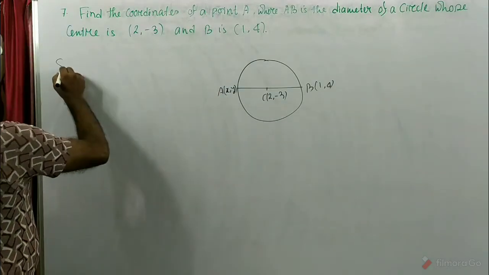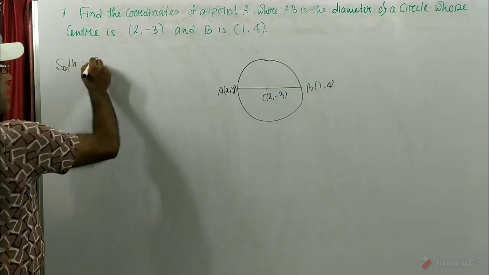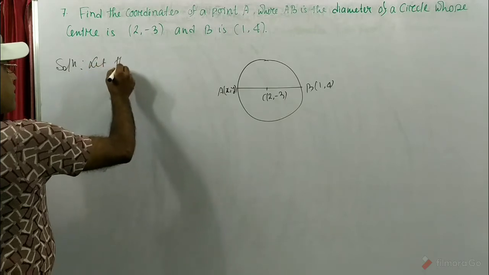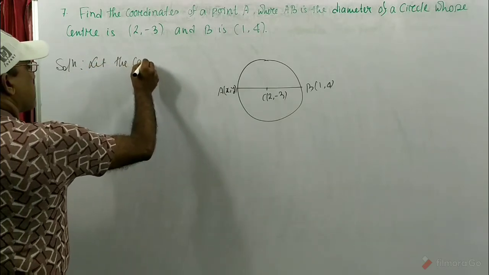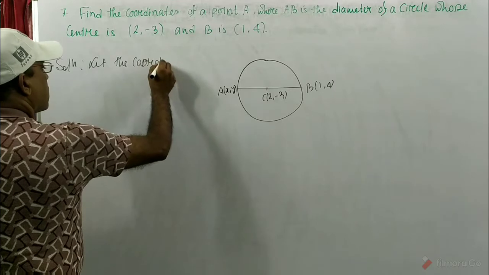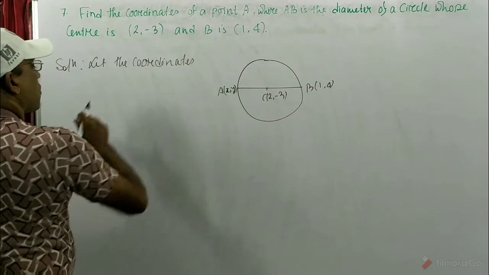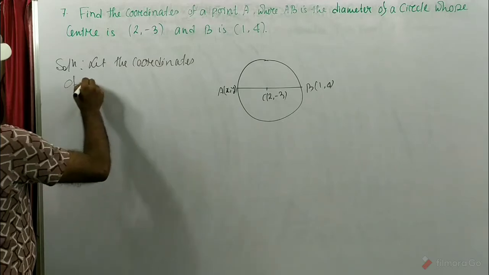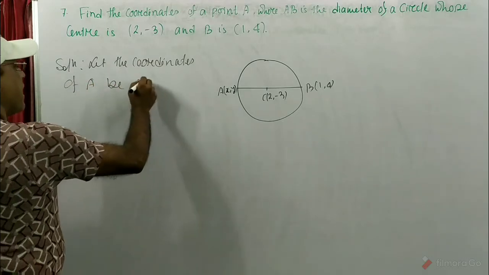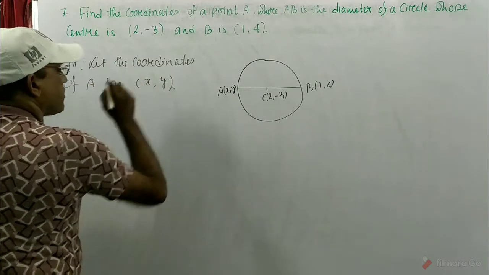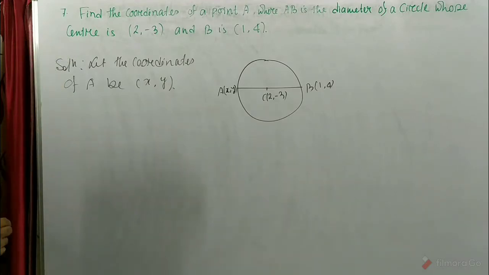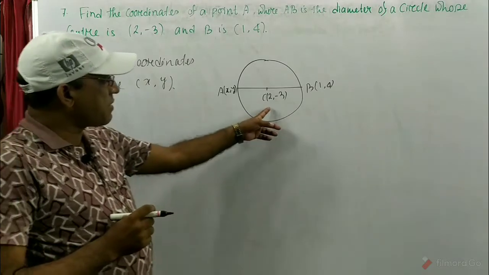So the solution starts. Let the coordinates of A be (x, y). This is given, and the center is given.